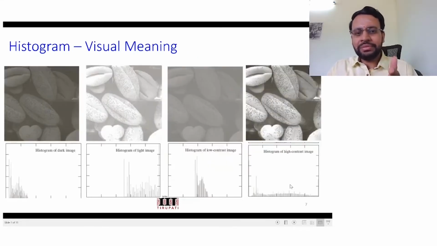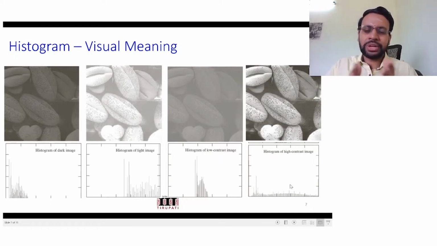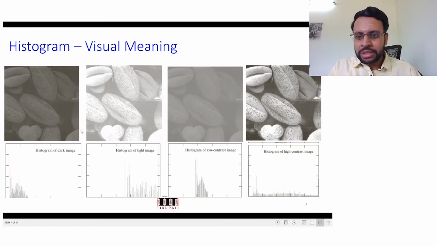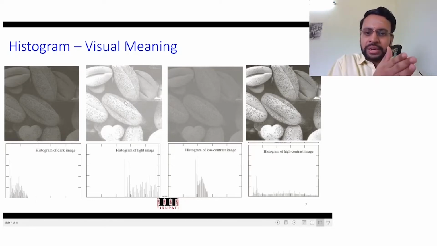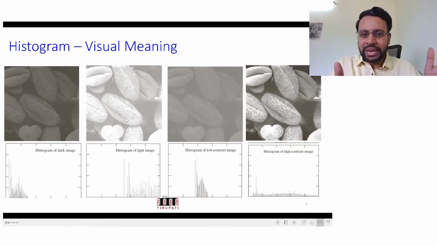Here is the slide where we are putting all those histograms and the corresponding images in one place. As we have rightly inferred, this is a dark image as the distribution is limited and on the low intensity side. This is on the high intensity side, but still this is a light image. It's not well spread as such.